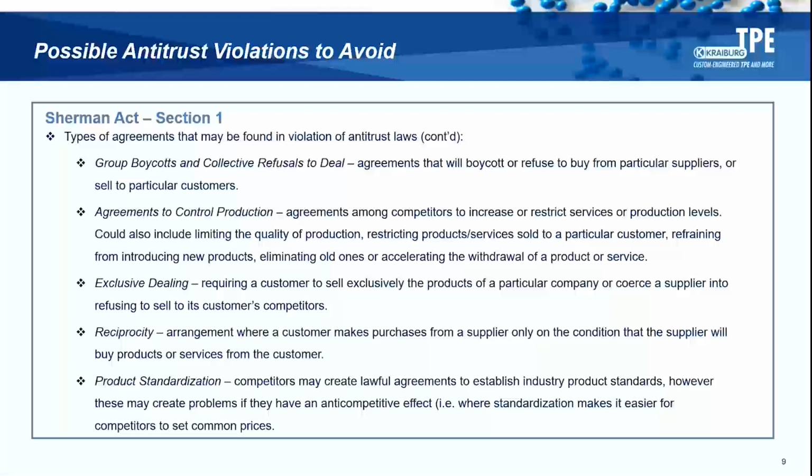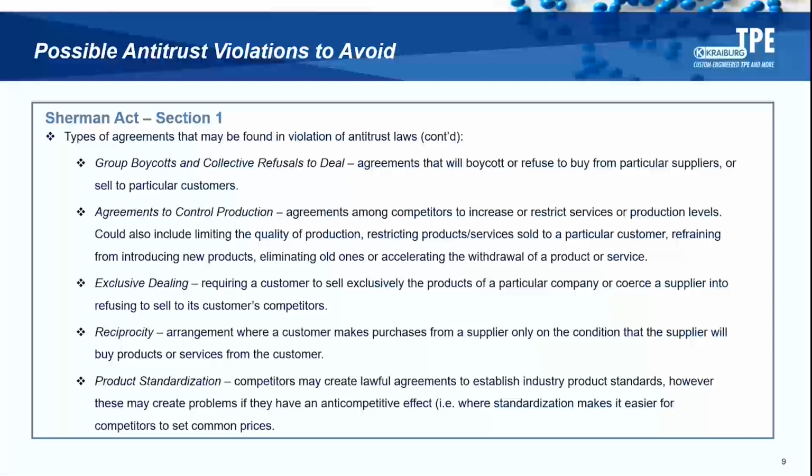If there's a limited capacity available, these would be agreements among competitors to increase or restrict services or production levels, and could also include limiting the quantity or quality of production, restricting products or services that are sold to a particular customer, refraining from introducing new products to the marketplace, or contrary, eliminating old ones or accelerating the withdrawal of a product or service from the marketplace.